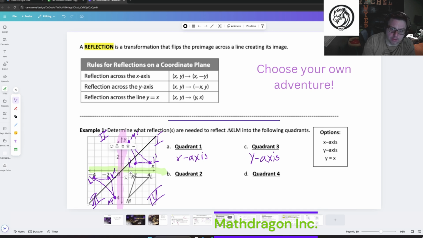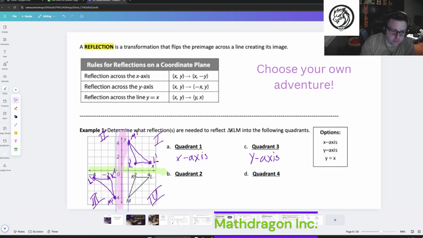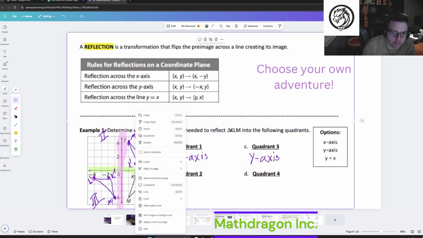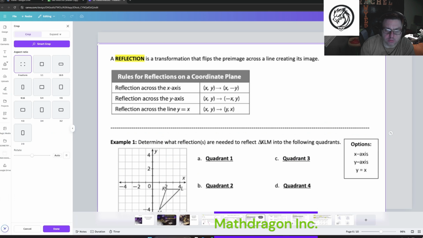I'm not going to keep these lines here. I do not think they are necessary. We know what y equals x looks like. But if I flip this picture over that line, you want to fold it over. So we are going to do K. Watch what happens.